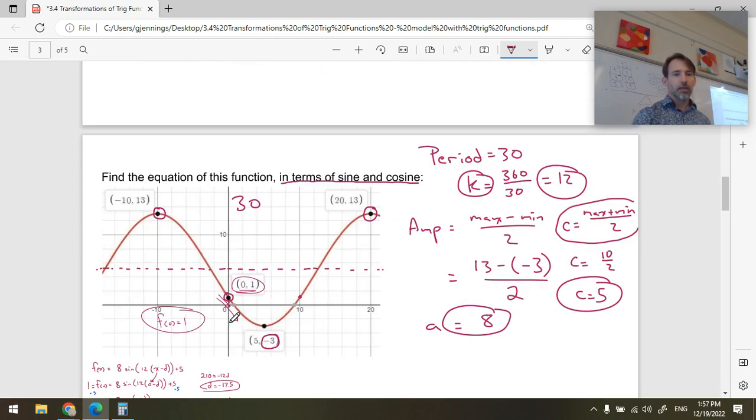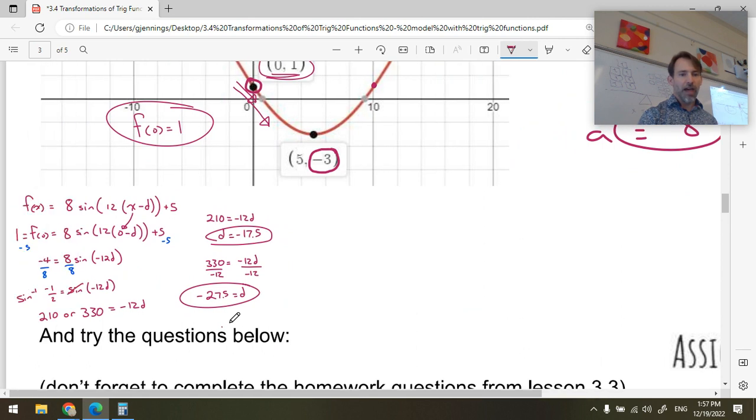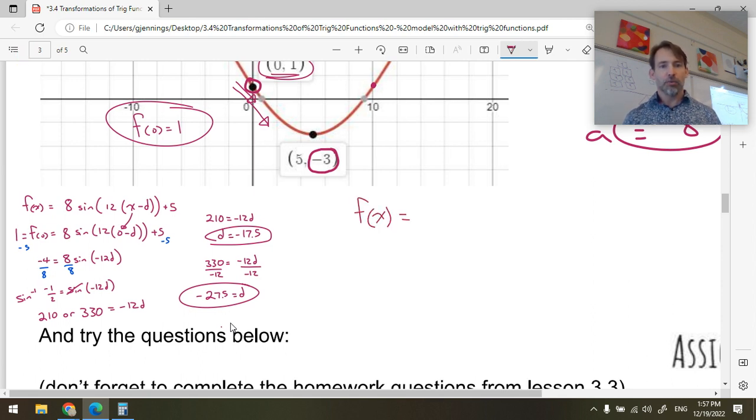So let's take a look at both of them and see what they look like. f of x is equal to 8 sine of 12 times the quantity x plus 17.5, the one that came from 210, plus a horizontal axis of 5.